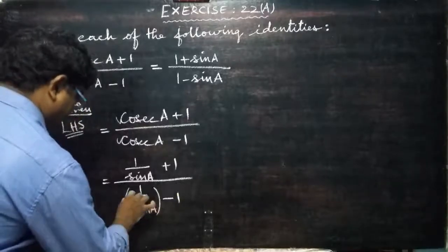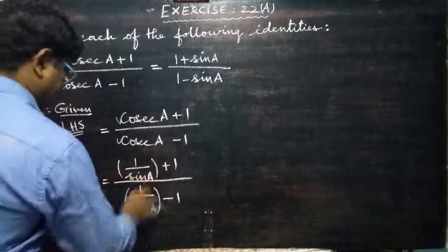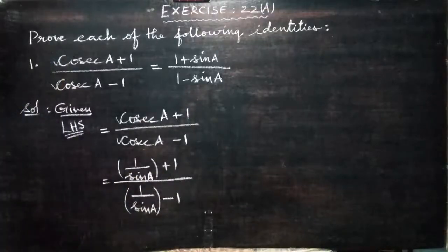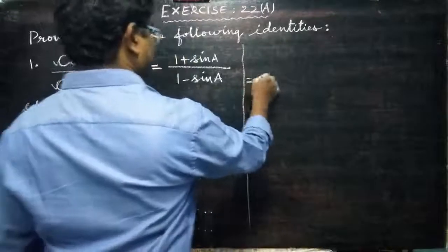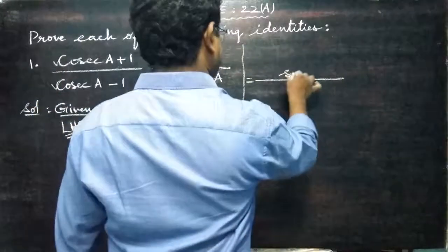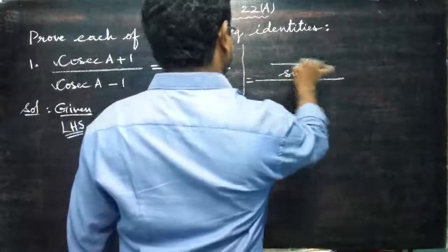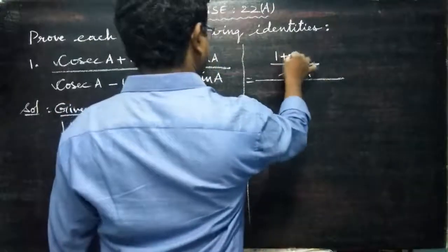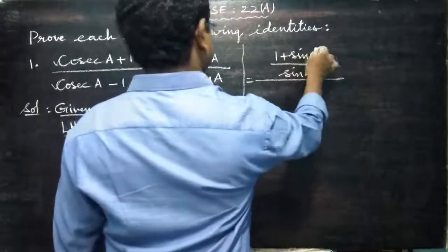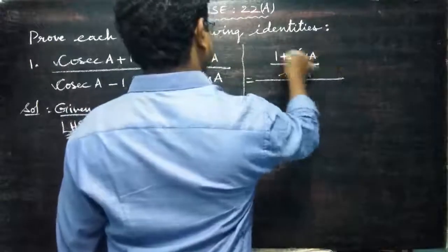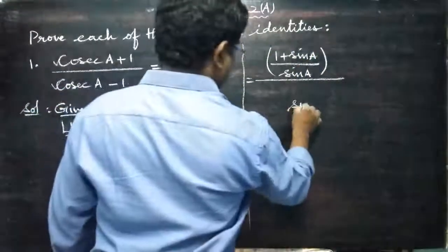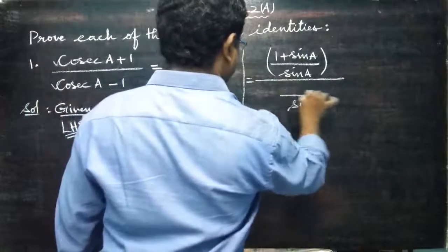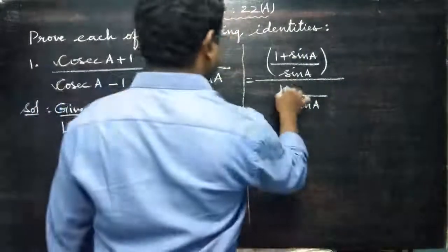Keep in brackets if you want, so as not to get confused. Now take LCM. In the numerator, sine A is the LCM: 1 plus sine A. Put bracket. Denominator also sine A is the LCM: 1 minus sine A.